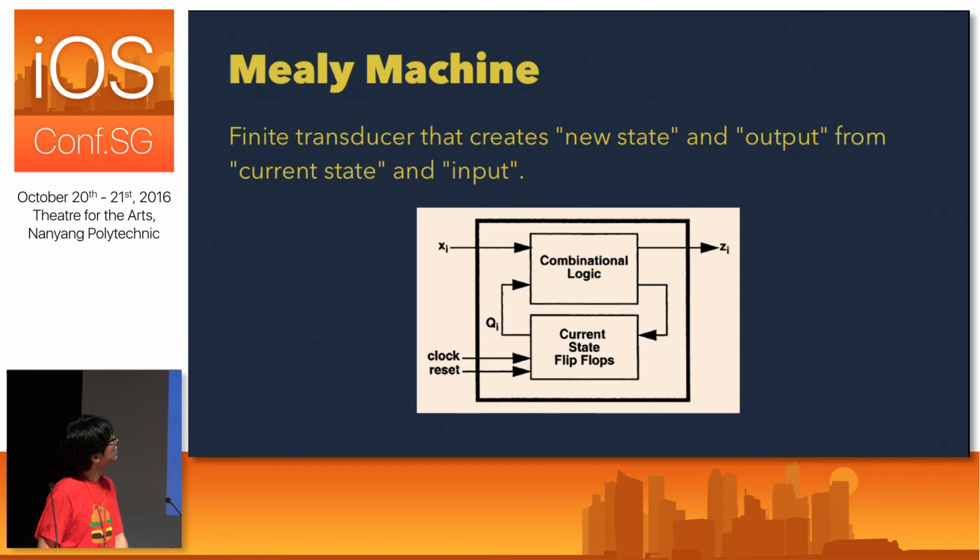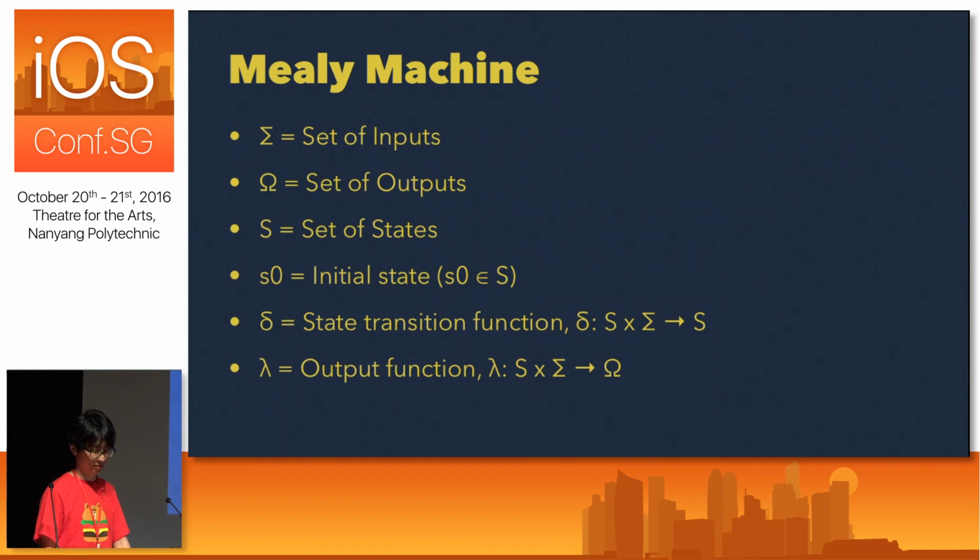A Mealy machine is a finite state machine, or finite transducer, that takes the current state and input as arguments, and creates a new state as well as an output together. The difference is that, unlike Redux, it also creates an output at the same time. The 6-tuple of Greek symbols I just showed means this: sigma stands for the set of inputs, omega stands for the set of outputs, S is the set of states, S0 is the initial state, and delta is the state transition function.